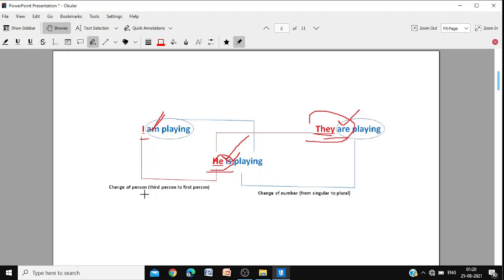So change of person or change of number, either from singular to plural, or first person to second person to third person, changes the verb. Am playing to is playing to are playing. Subject and verb change simultaneously. You have to change the verb if you change the subject.